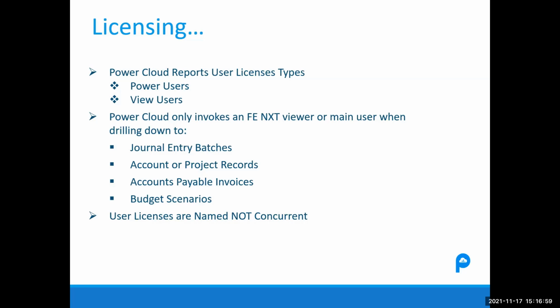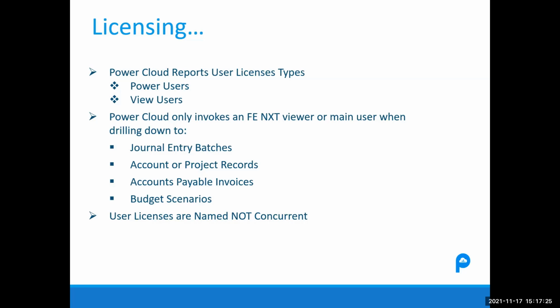Power Cloud reporting does not take up any of your Financial Edge NXT viewer or main user accesses unless you are drilling into a journal entry batch, an account or project record, accounts payable invoices, or budget scenarios. In most cases, folks want to drill down one level and see the transactional detail behind an account balance.